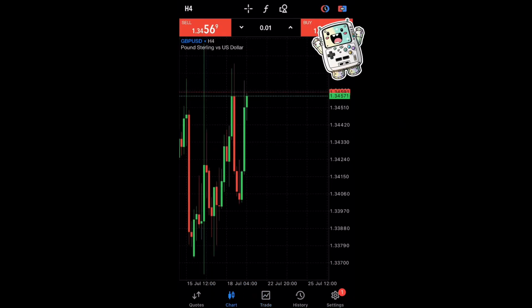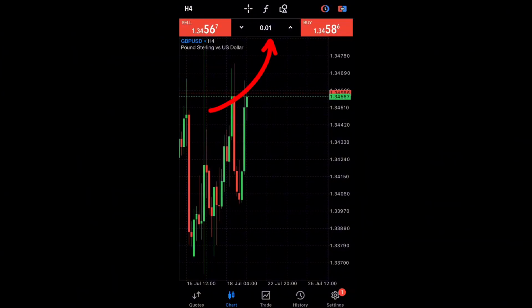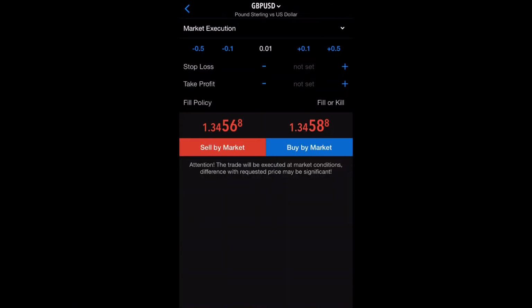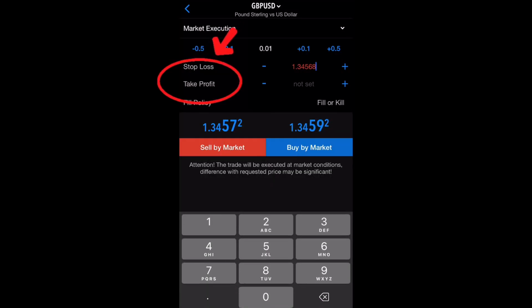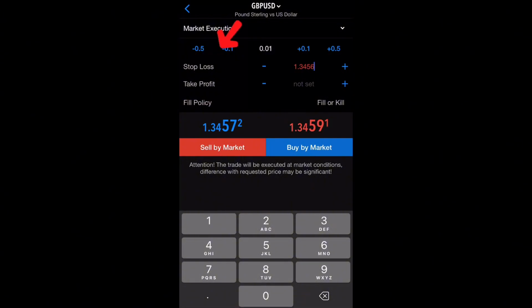So for this explanation, as I earlier stated, we're using 0.01. Now, if you quickly look, beneath it you see stop loss and take profit. These stop loss and take profit help you place your trade.